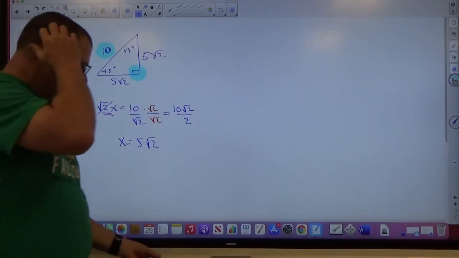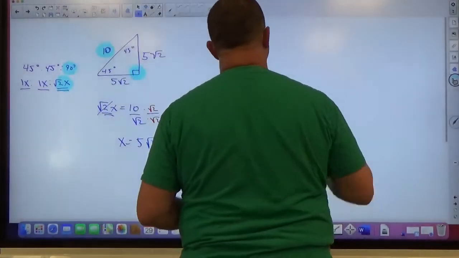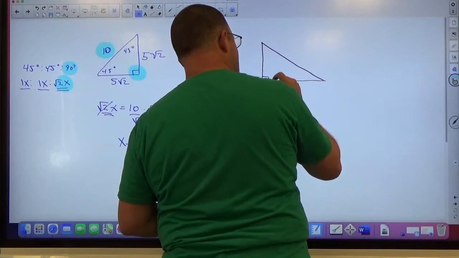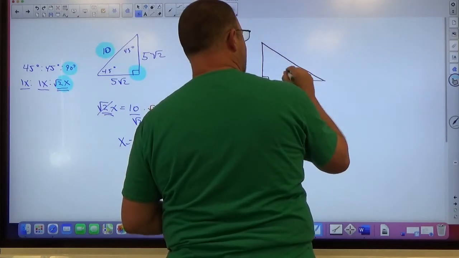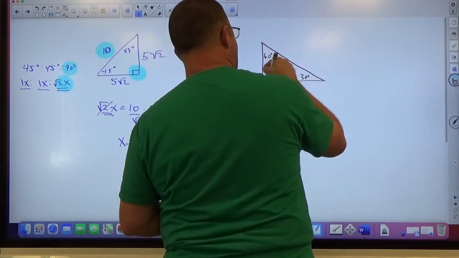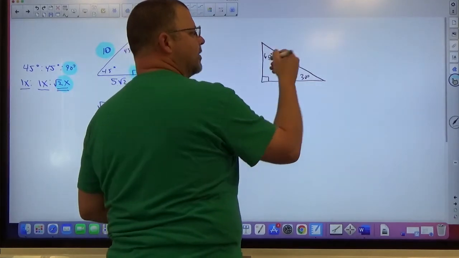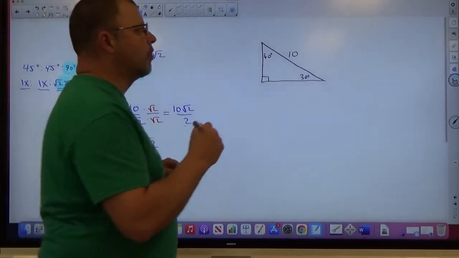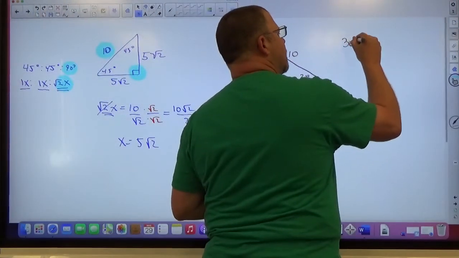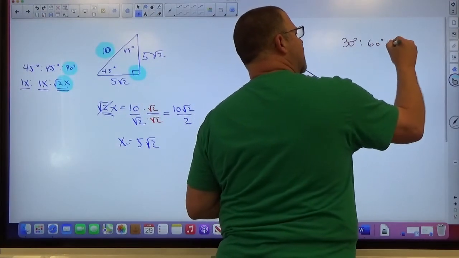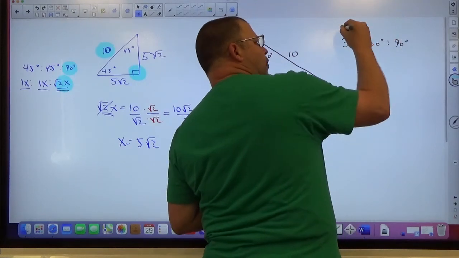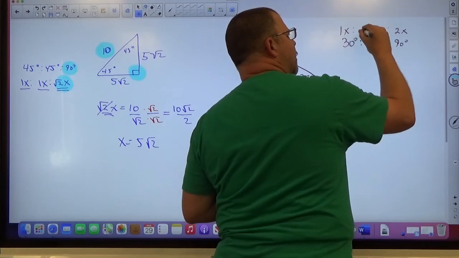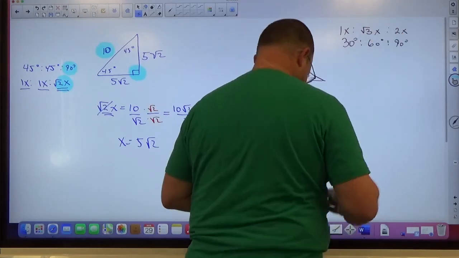All right? If I'm looking at a 30, 60, 90 right triangle, we'll say that's 30 and this is 60, and that of course is 90. And let's say that I know that this is 10. Let's go with 10 again. All right? Again, our 30, 60, 90 relationship, 30 to 60 to 90 is 1x, 2x for 90, and the square root of 3x for 60, right?